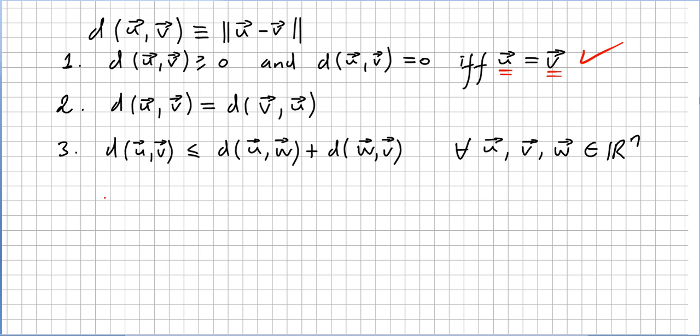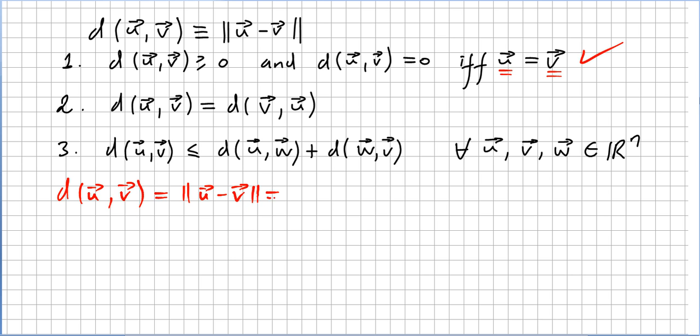Now we want to prove this one, that the distance between u and v equals the distance between v and u. Let us see first what is the distance between u and v. By definition, it is the norm of u minus v.